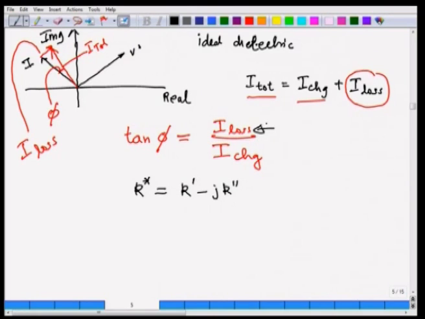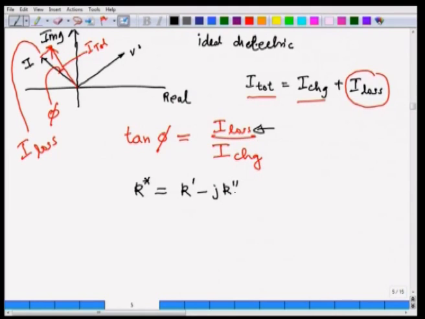The charging current, which is for the ideal dielectric, was connected to k prime. If we use this, we still will be able to work out what I have explained through a charging current in a capacitor. Let us now do it in a more generic fashion as to what this loss term is. If the capacitor is perfectly ideal, then we know what this is. But where does this come from?